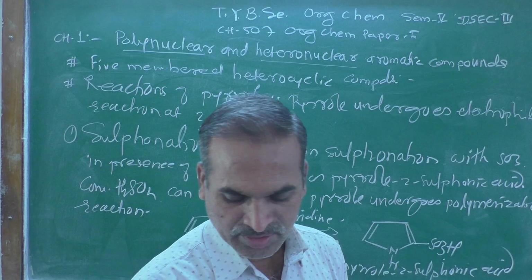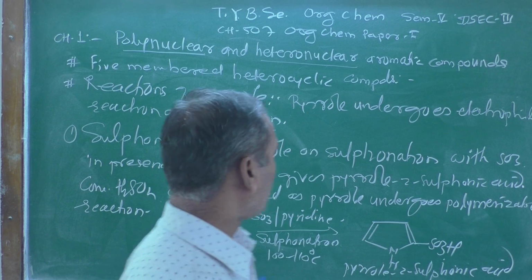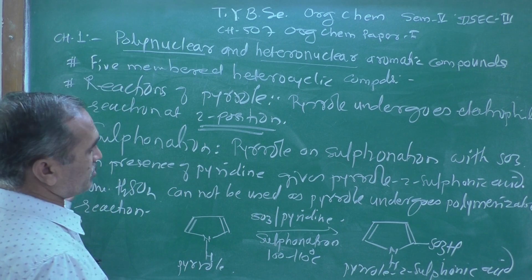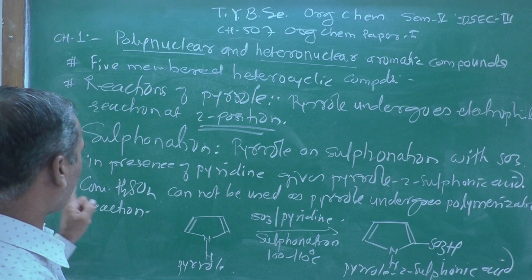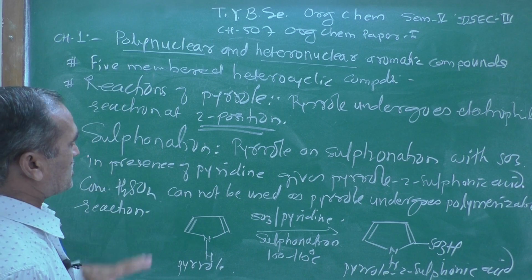Therefore, these are the common reactions observed in a 5-membered aromatic heterocyclic compound, especially here we are discussing pyrrole.